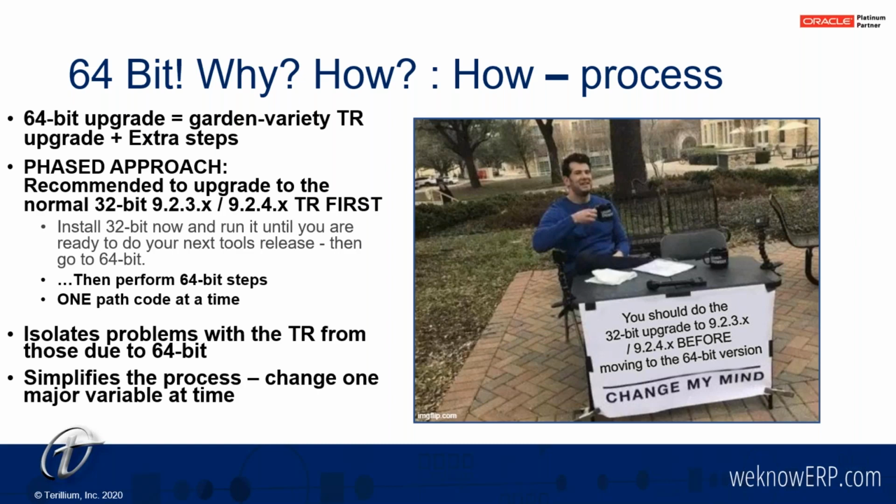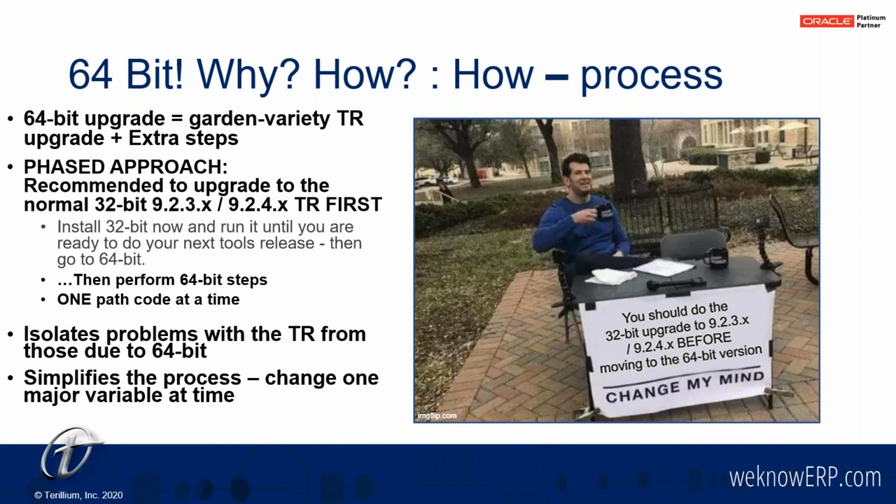Now, what we recommend, you could go to a phased approach, that if you're not at 923, you could go to 32-bit 923 or 924 first. Then run it until you're ready to do that next tools release and have that next upgrade be a 64-bit, in which you're performing the 64-bit steps and doing it to one path code at a time. The usual way: you start with DV, you move things up into the testing environment in PY before you go to PD, the way we all know and love.